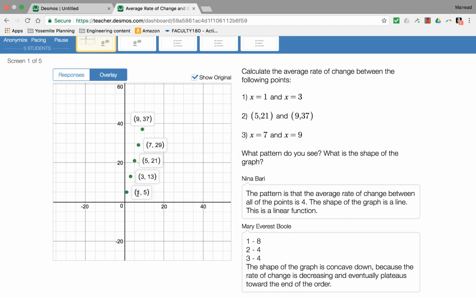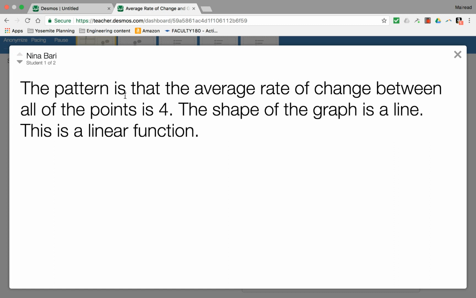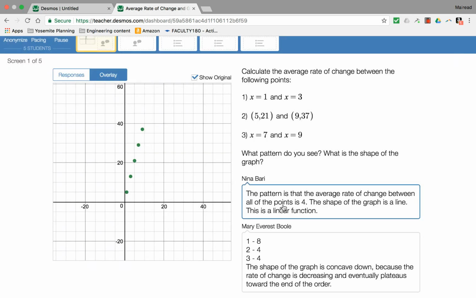So I go from an x value of 1 to an x value of 3, and my y value goes from 5 to 13. So that's a change of 2 in my x value and a change of 8 in my y value. So my rate of change is going to be 8 divided by 2 in that case. So it's going to be 4. So this answer here, the average rate of change between all of the points is 4, is correct. You have to be careful. That first one is not equal to 8. It is equal to 4.